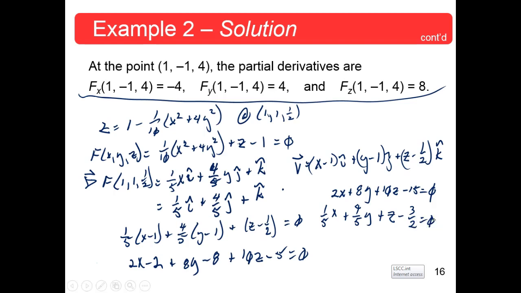My hand's moving faster than my mouth. Now that's one way to express it. They did it with the minuses: minus 1/5 x minus 4/5 y minus z plus 3/2 equals 0. Either way, it's going to be the same.